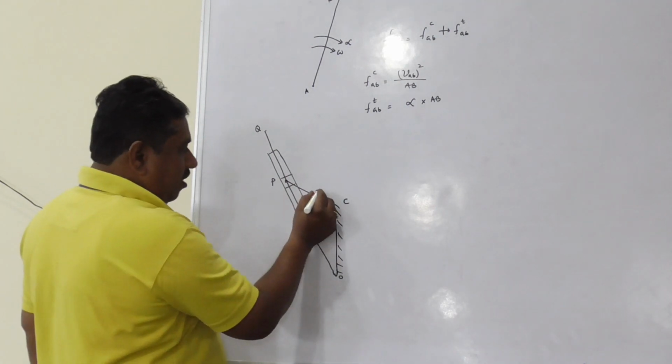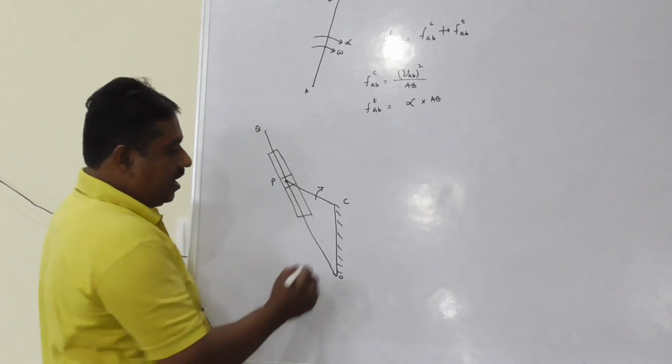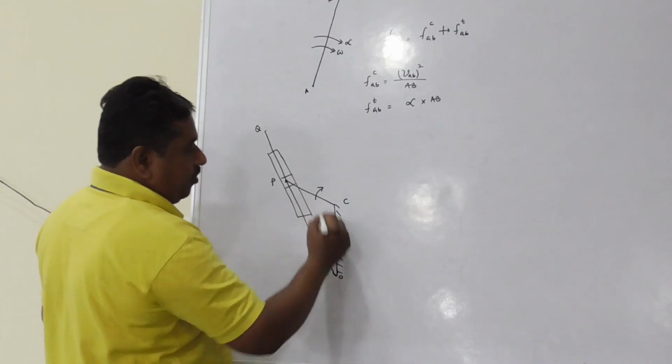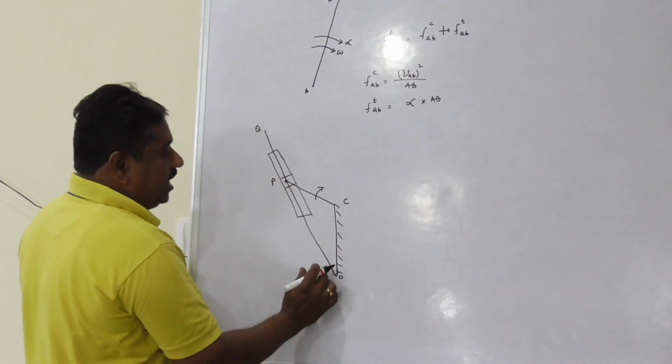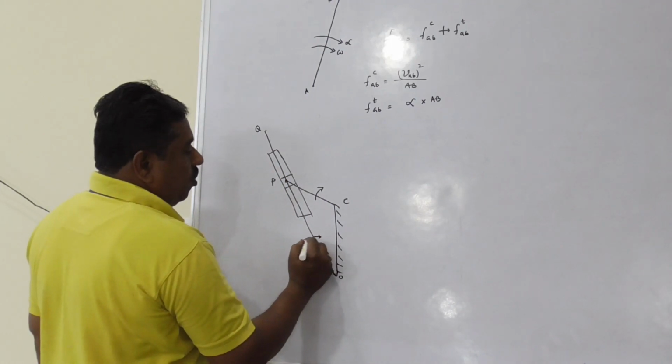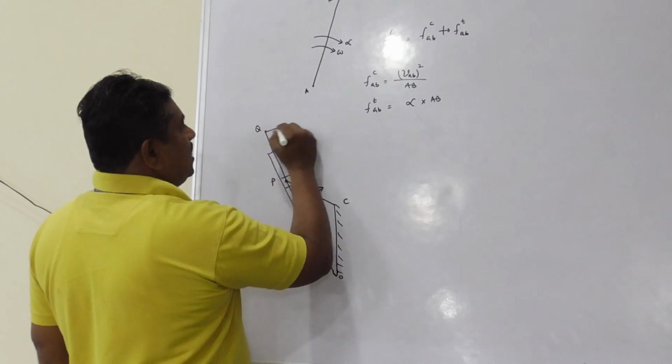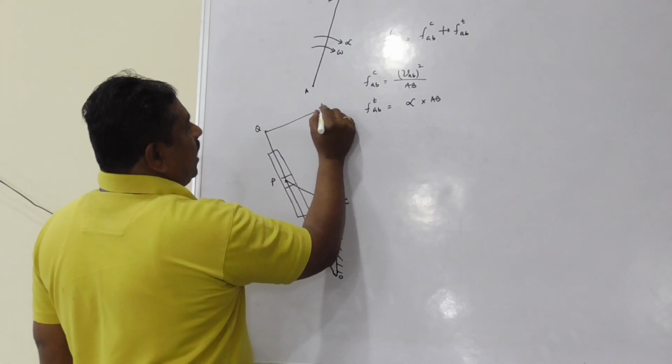CP, the connecting rod, rotates with an angular velocity omega about C. As connecting rod CP rotates, the oscillating slotted link OQ oscillates between two extreme positions, and this Q is connected to the ram.